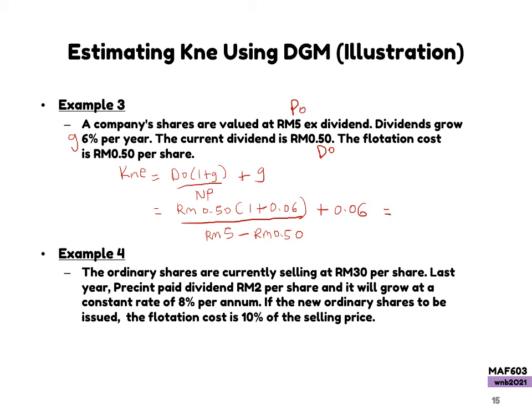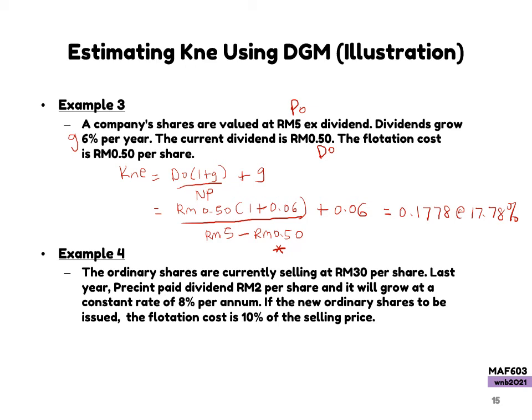Lastly, we're going to have KNE of 0.1778 or 17.78%. Okay, beza dia hanyalah you perlu untuk tolak flotation cost here to get the net price.